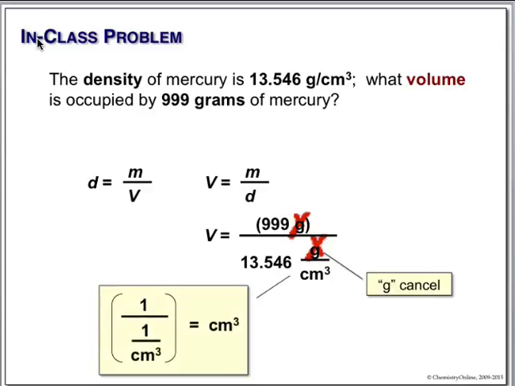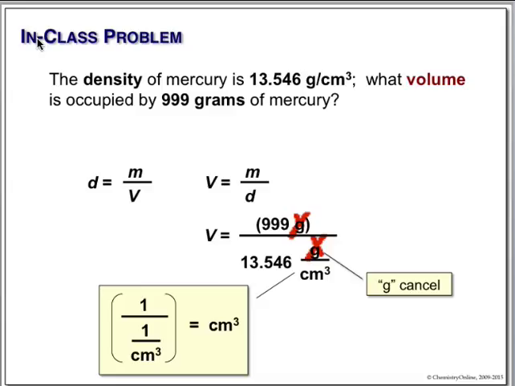The thing to remember here is, since we're looking at 1 over 1 over cubic centimeters, that's the same thing as cubic centimeters. So it's the reciprocal of a reciprocal. You're just flipping it upside down twice. And when you do that, it comes back to the top.